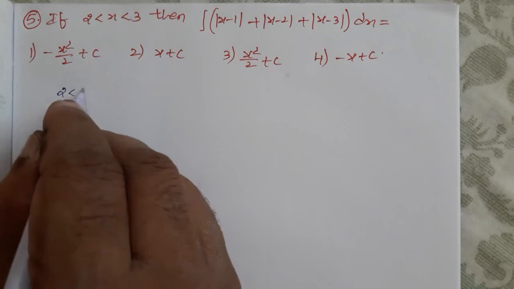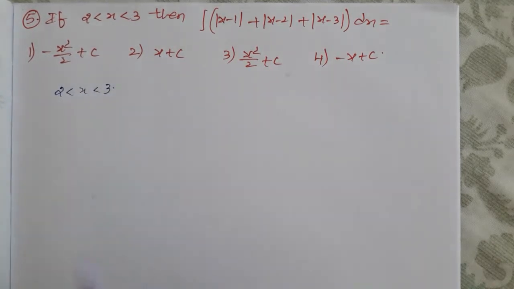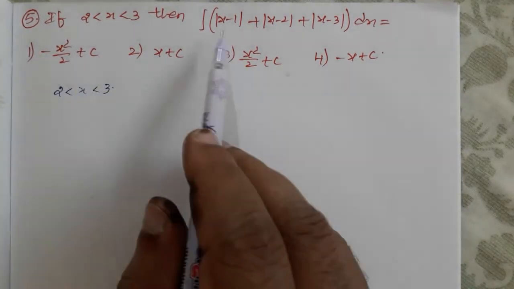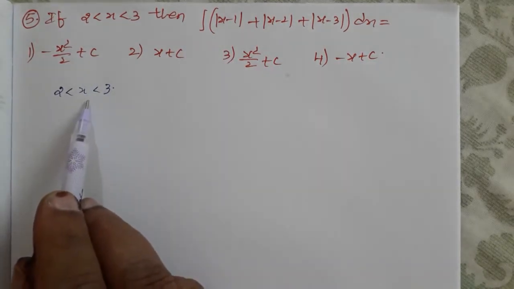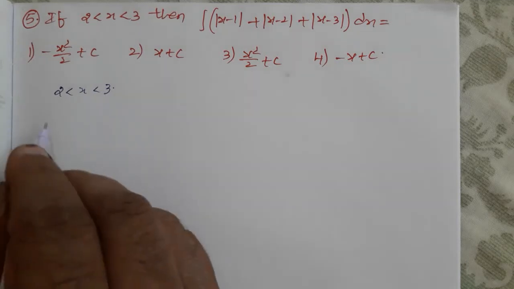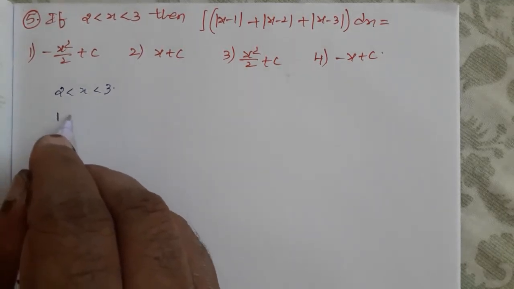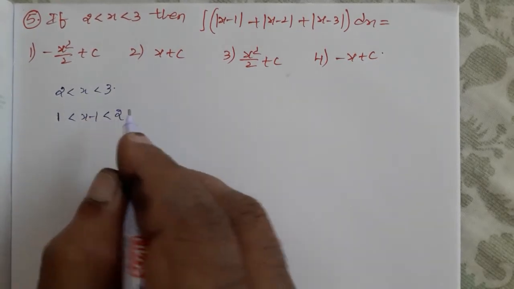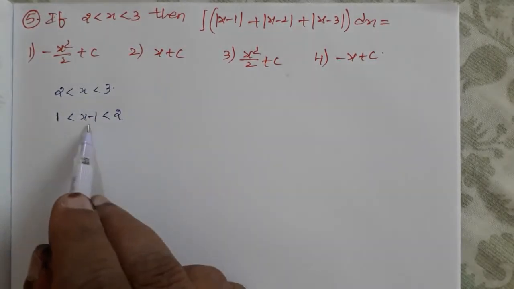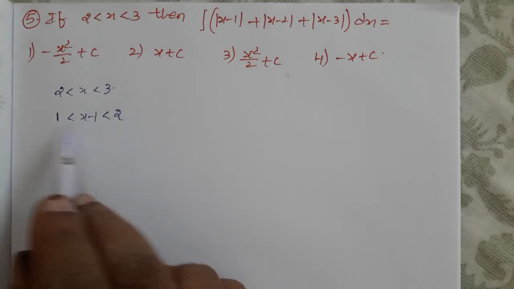The given condition is 2 less than x less than 3. In the first part we have x minus 1, so let us subtract 1 from this inequality. 2 minus 1 means 1, less than x minus 1 less than 3 minus 1 means 2. So x minus 1 lies in the interval 1 to 2.